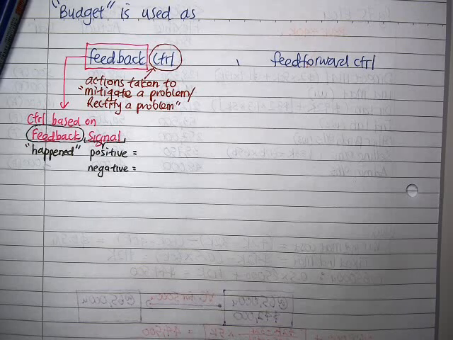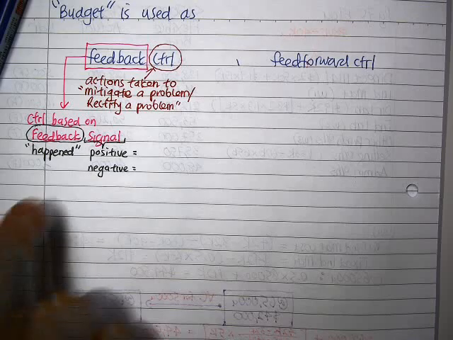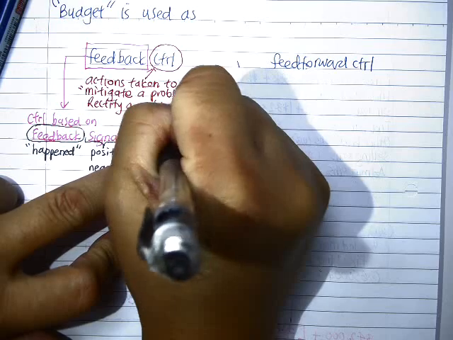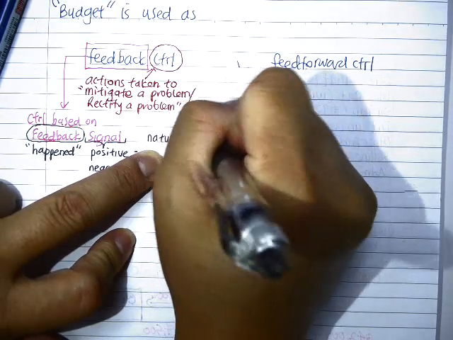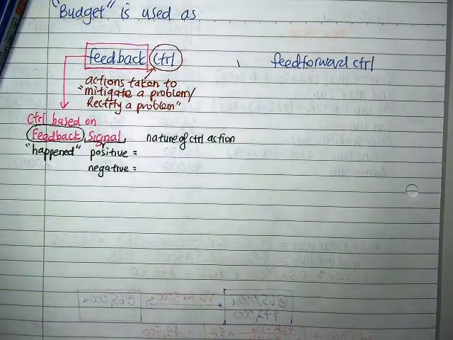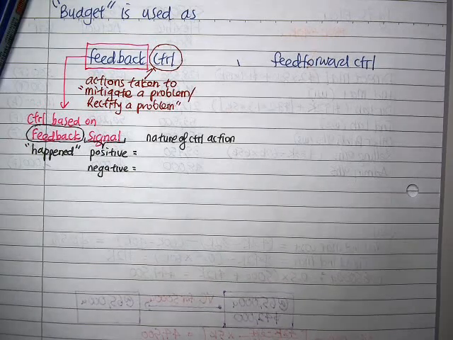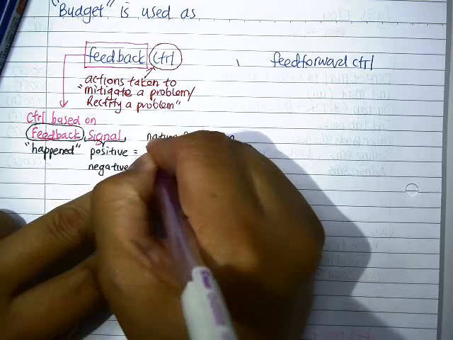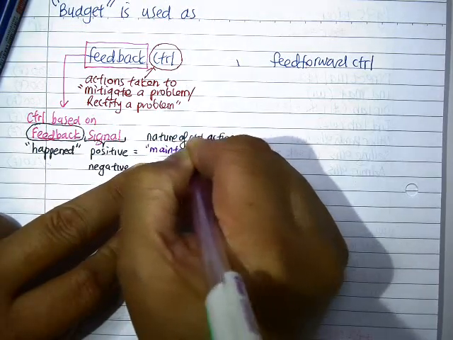This positive negative is not good or bad, but is the action that we want you to take. So the nature of your control action, that's what we are saying. When feedback is positive, the nature of the action is we want you to maintain the path. Maintain.